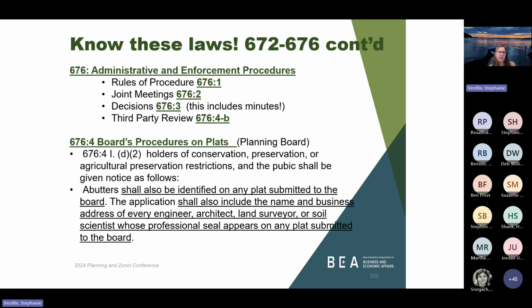So at this point, part and parcel to answering the question of who should be submitting abutter information, the abutters need to be identified on the plat submitted to the board. So there's one contributing factor to who's responsible for abutter information: the applicant shall be submitting that, and it should be identified on the plan.